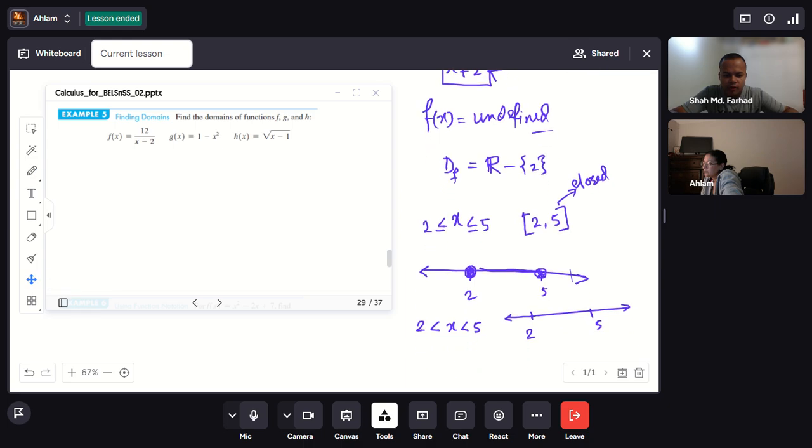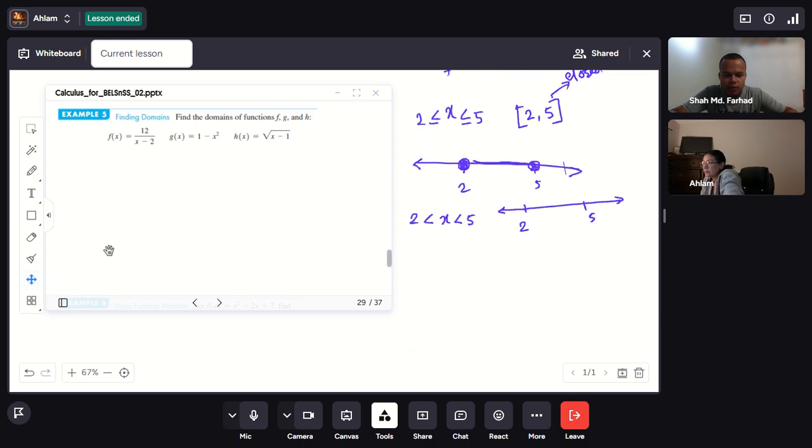We can leave the circles open. Then we can write this as parenthesis 2 comma 5 parenthesis. That is called an open interval.